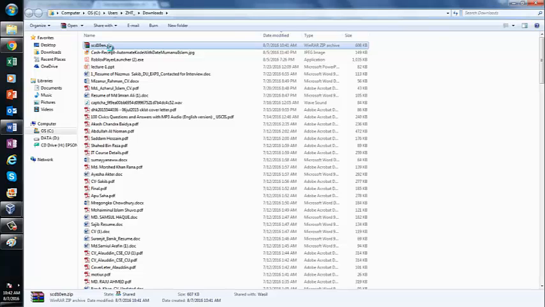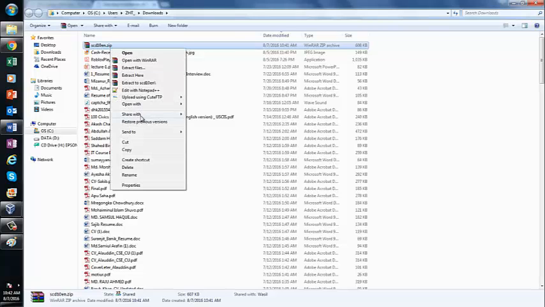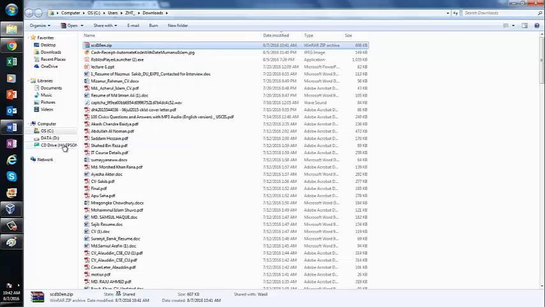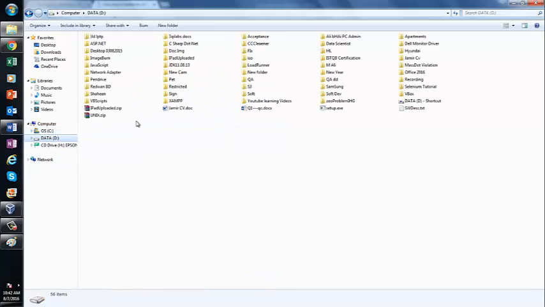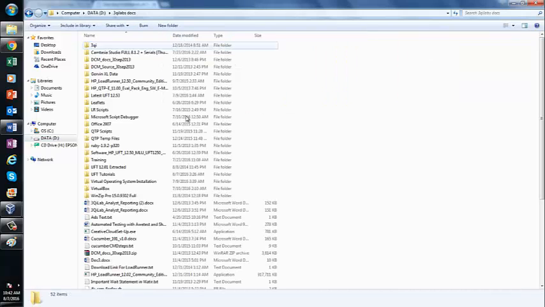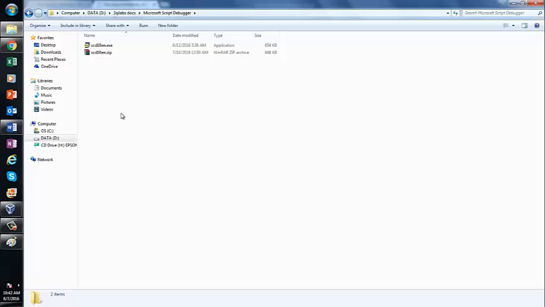Copy it or cut it from here, and then go to your shared drive to the virtual machine. For me the shared drive is this one, and I already have it here. What you do is paste it here. As I already have it, I am not going to paste it.